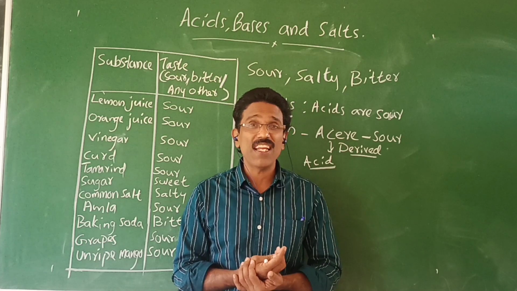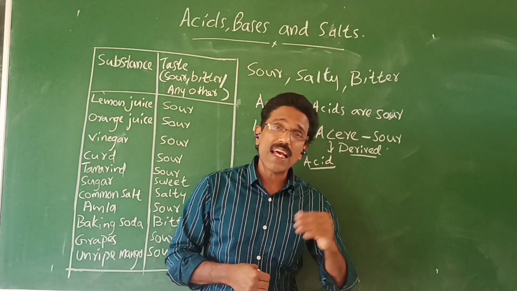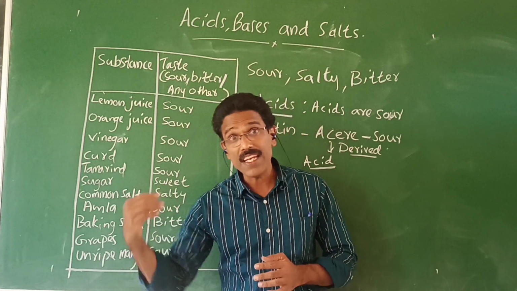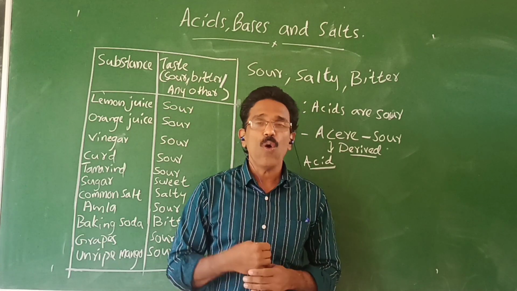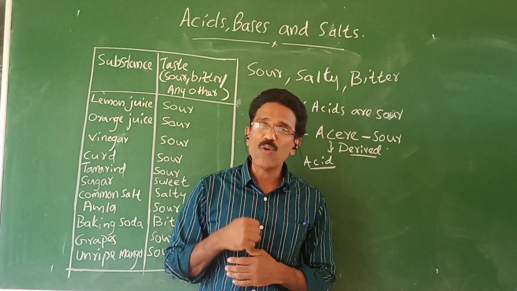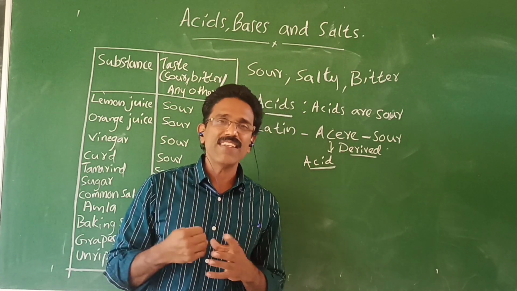So acids we can generally classify into two groups, that is mineral acids and organic acids. Which are the two groups? Mineral acids and organic acids. We are going to discuss the acids which are present in organisms.